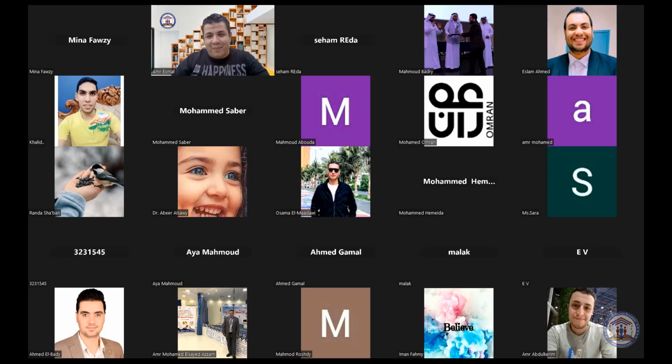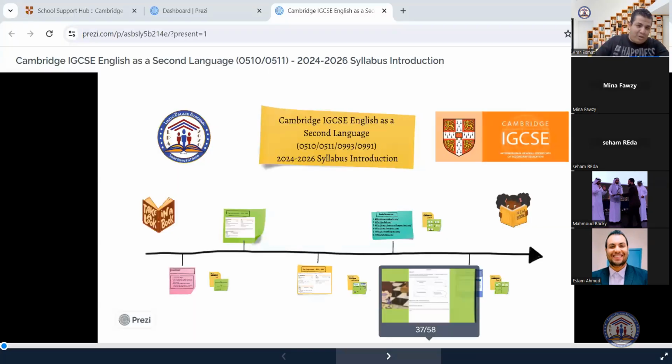And inshallah, if people would like to know more about this, there will be a course after Ramadan, in which you will find all these differences, plus the SAT, plus many things.